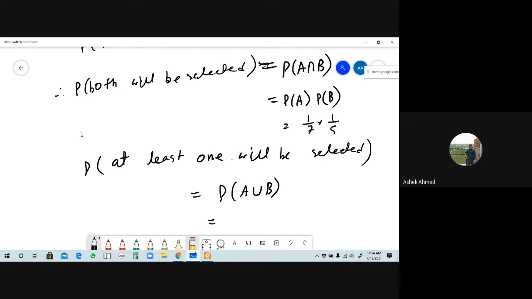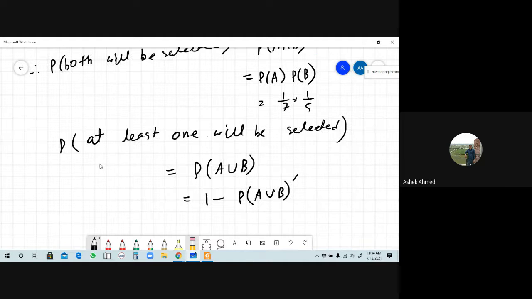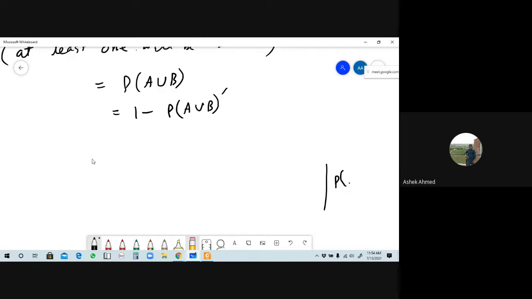For that case, this is 1 minus probability of A union B complement, using the key formula: probability of A equals 1 minus probability of A complement. Can you remember?